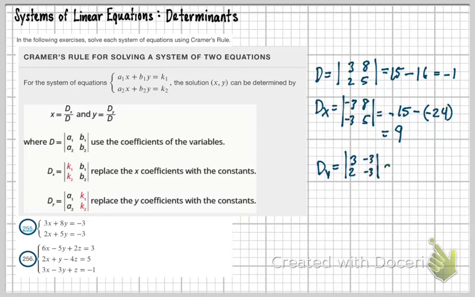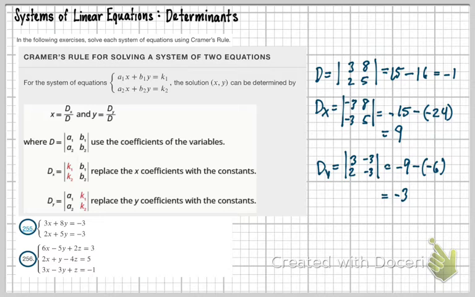I put it in there, and there we go. Now I do this determinant. And that's going to be negative 9 minus, and that's going to be negative 6. So then my answer for dy becomes negative 9 plus 6. So it's actually going to be a negative 3.